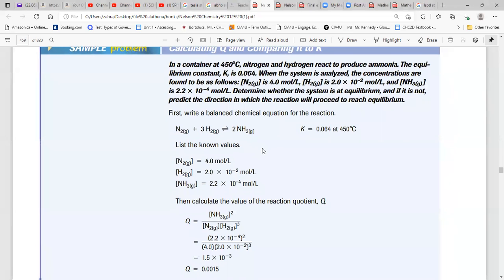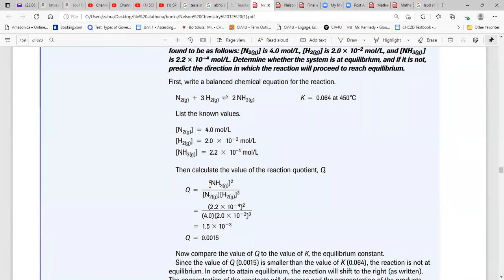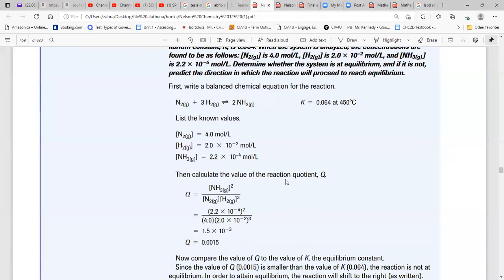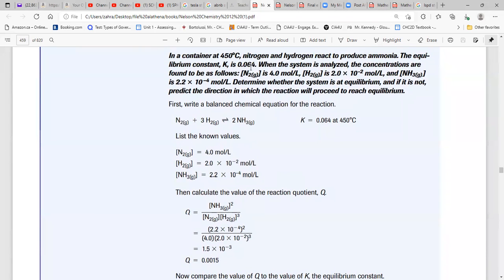Again, we establish the K constant expression: the concentration of the product NH3 to the power of 2, divided by the concentration of N2 to the power of 1, because the coefficient is 1, times the concentration of H2 to the power of 3. The concentration of each is given, so you just put them in and you get Q. You also know K, which is given to you as 0.064. So K is greater than Q, right?